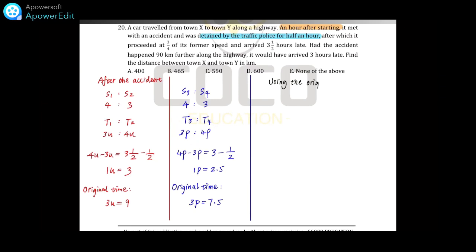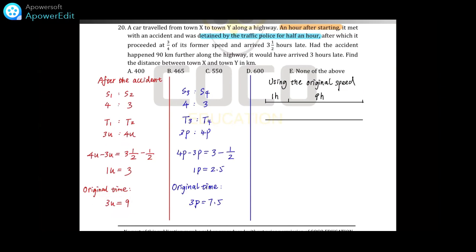Using the original speed, at first the car has traveled for 1 hour. After that, if still following the same speed, the time taken is T1, which is 9 hours. So for the remaining journey, it takes 9 hours to travel using the original speed.